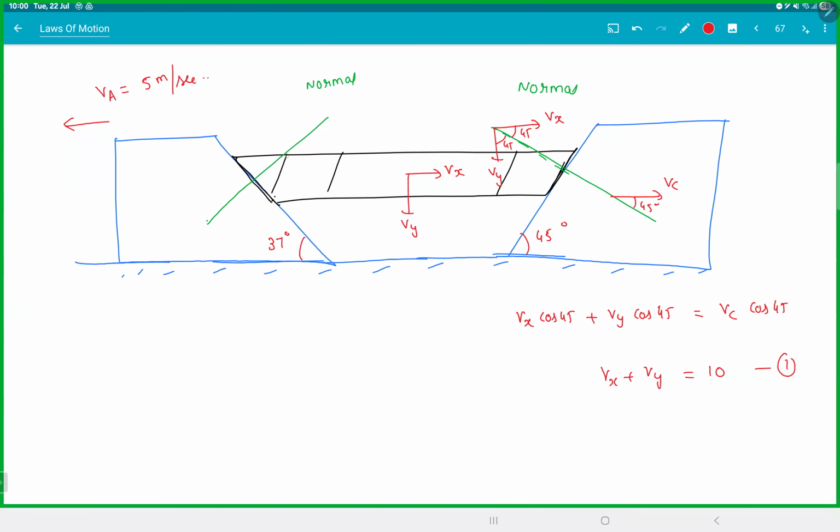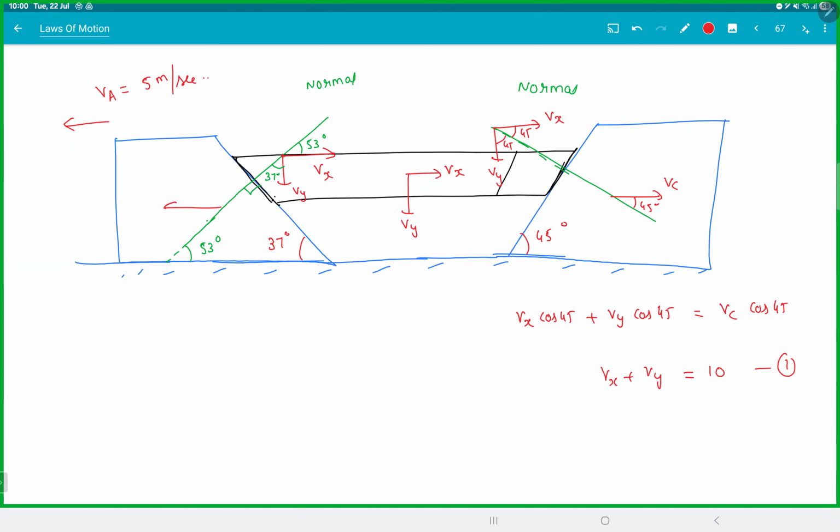Then for this thing, this is your Vx. This is your Vy. Again, be careful with the angles here. This angle is 90 degrees. If that is 37, this angle is 53 degrees. If this is 53 degrees, this is 37 degrees, and this is 53 degrees. Are the angles clear, everyone? Just geometry there.